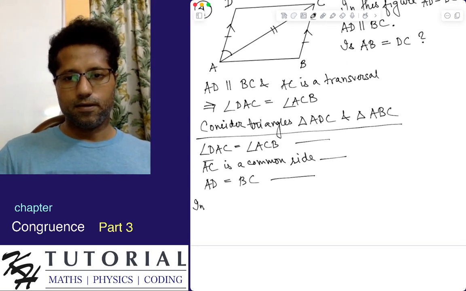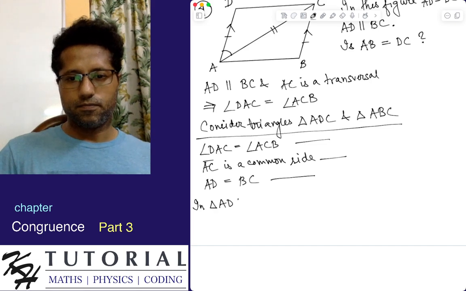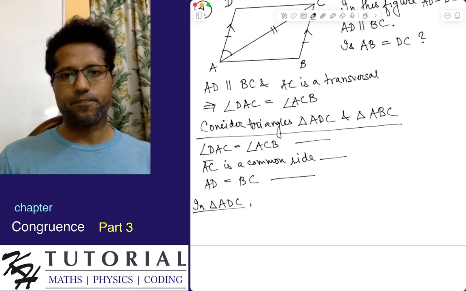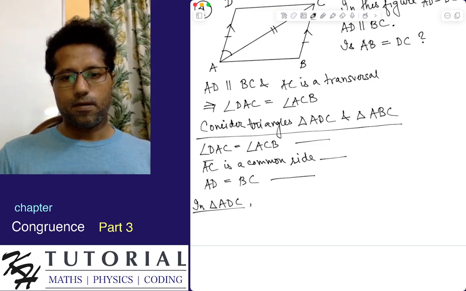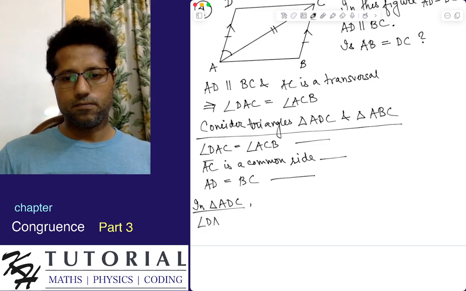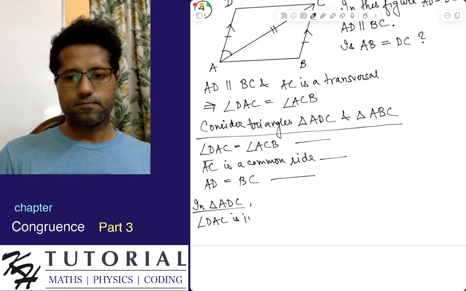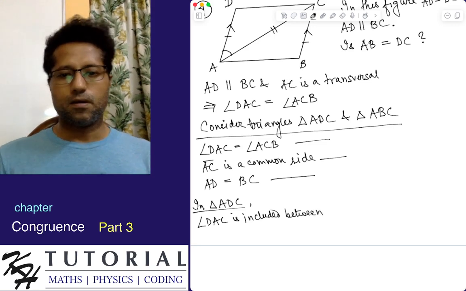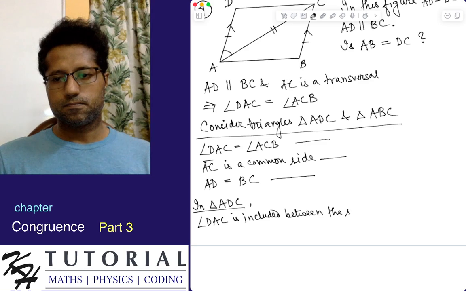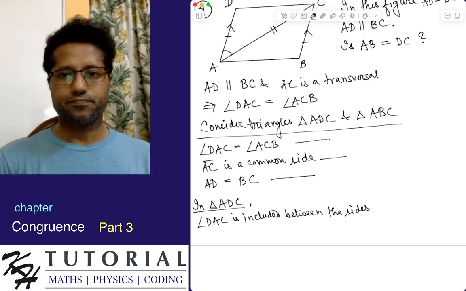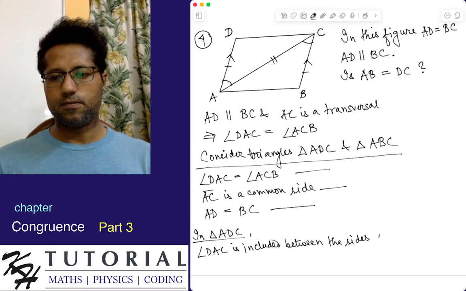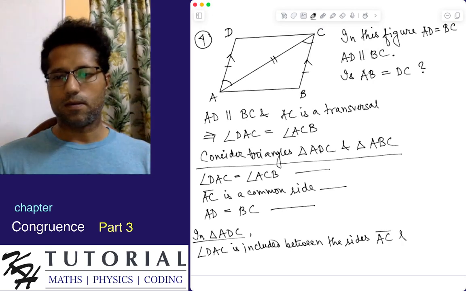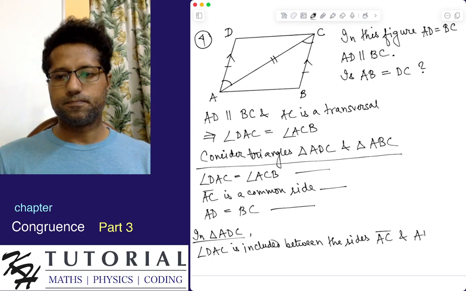Now, in triangle ADC, we observe that angle DAC is included between the sides AC and AD.